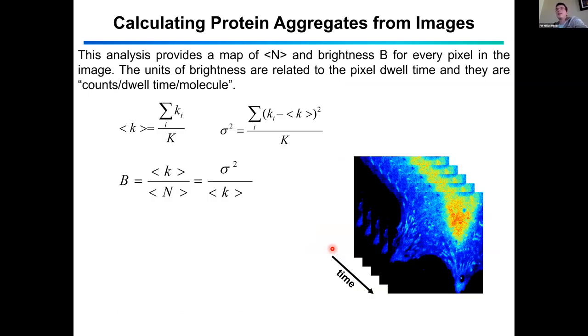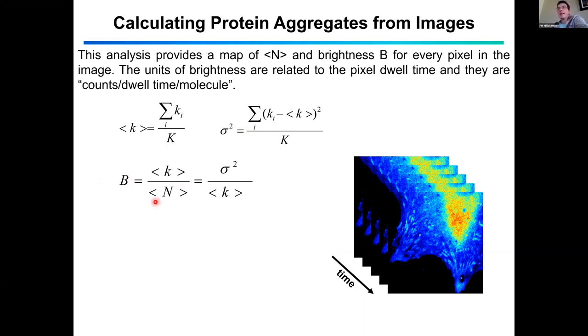Okay, so we are working from the image series. Again, to apply this method, you need to collect a series of images in the same plane, on the order of 100 images or so. For each pixel, you calculate the average intensity, which is the formula on the top left, and the variance, which is the formula on the top right.